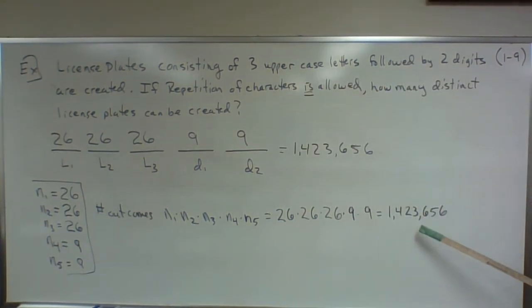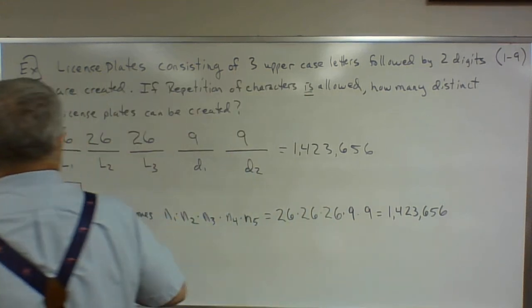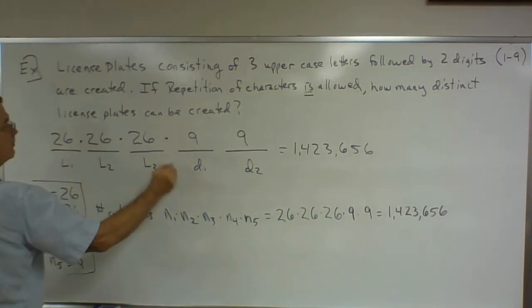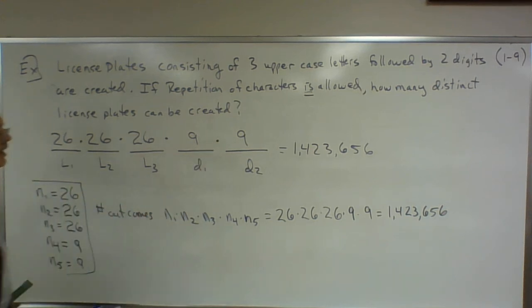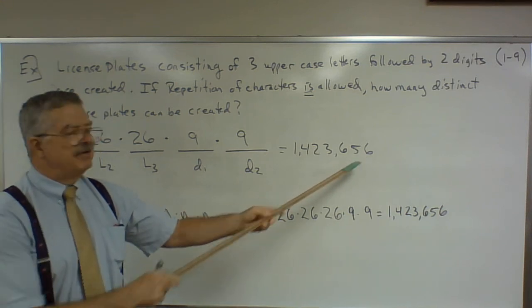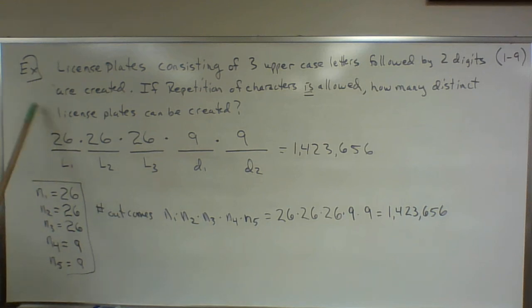Okay, I cranked out the numbers, and this is what we get. There are 26 times 26 times 26 times 9 times 9, which gives us 1,423,656 license plates that we can construct in this manner.